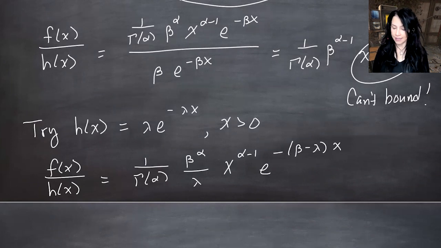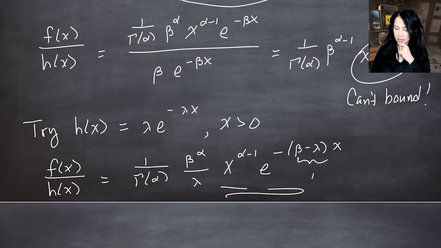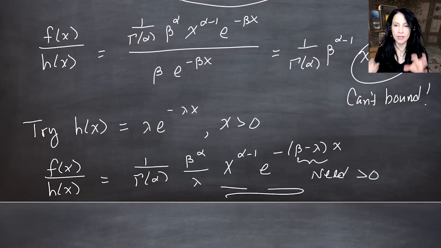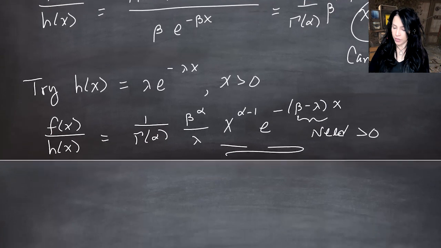And this has that kind of gamma shape, as long as I need the whole exponent to be negative. Otherwise, this thing is going to blow up. So we need beta to be greater than lambda.